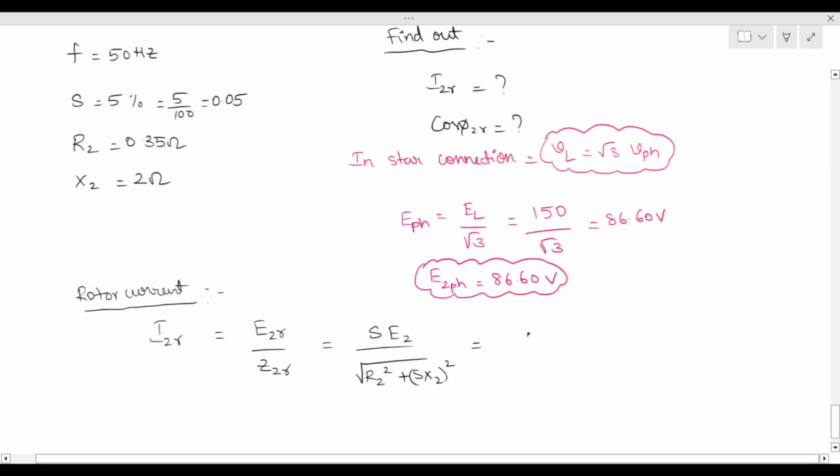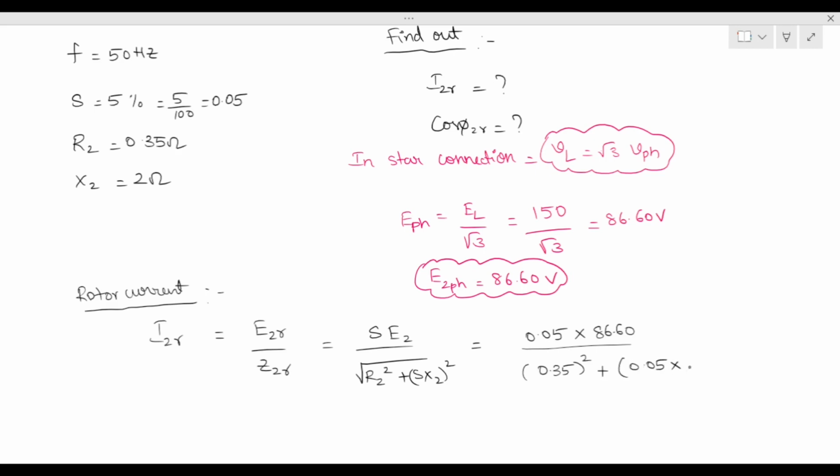So slip is given as 0.05 and E2 phase is 86.60. What is the value of resistance? It is 0.35 whole square, plus slip 0.05 and reactance X2, which is 2. We square both these and find the square root.